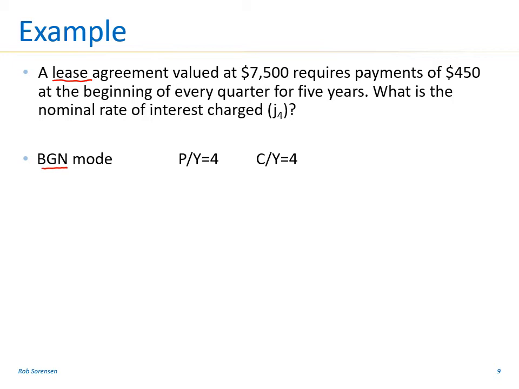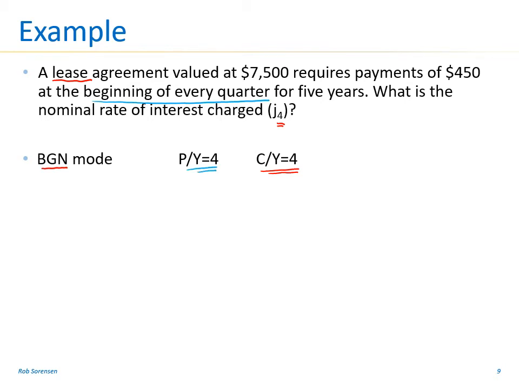Leases are, so we're going to put the calculator in begin mode. I want my answer to come out as a quarterly compounded rate, so I'm going to set CY to 4. I'm making payments at the beginning of every quarter, so I'm going to set PY to 4 as well.